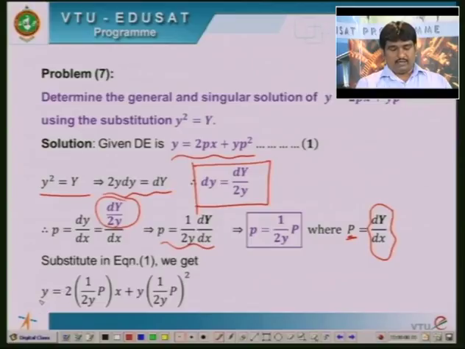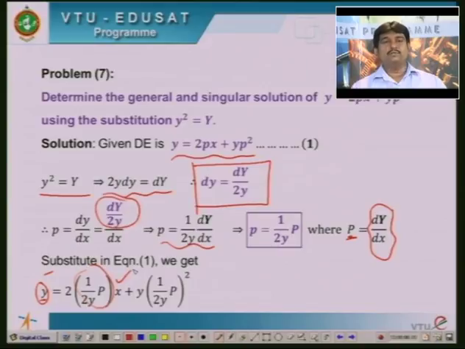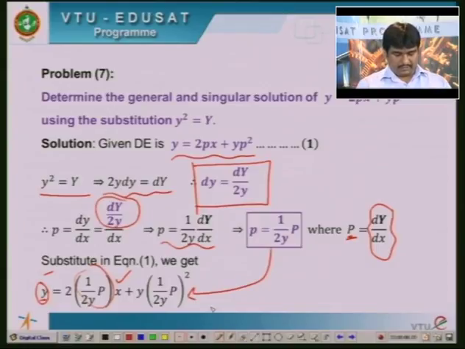I will retain y as it is because y square is capital Y. After simplification I will make it y square and then I will write small y square as capital Y. So let it be as it is, small y equals 2 into p, small p is 1 divided by 2y into capital P, I have written p, that multiplied with x, plus y into p square, where p square is 1 by 2y into capital P the whole square. I will simplify this.